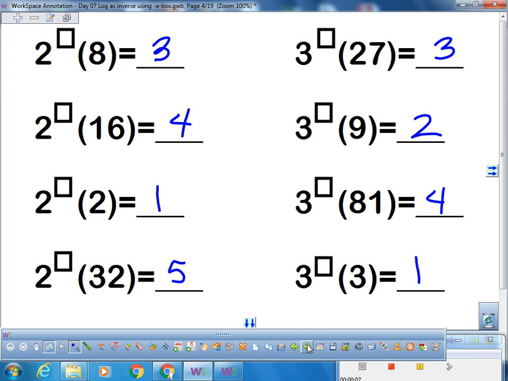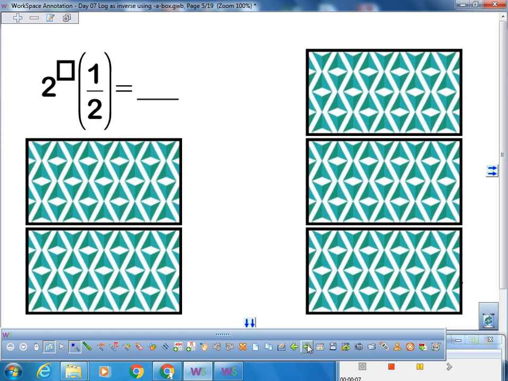Okay. All right, what about this one? Good. Right? 2 to the negative 1 is a half.